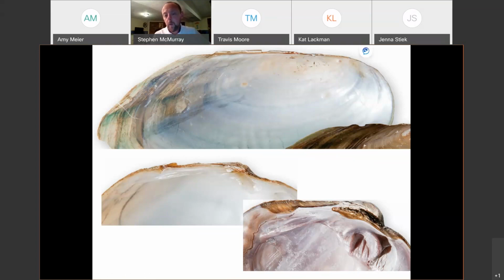And we have preserved some animals, some of the Pigtoes, because we had a project going with some colleagues in Arkansas and Kentucky to try to figure out what Pigtoes we were finding in different places, and so we did end up preserving animals there.